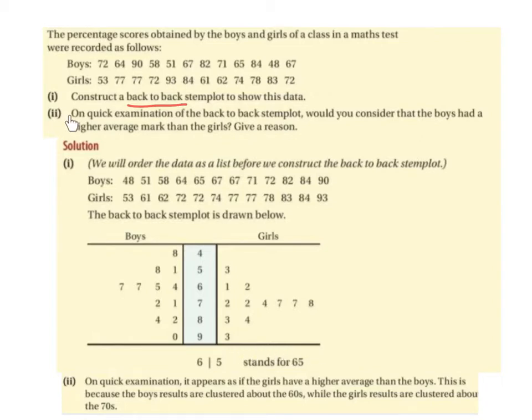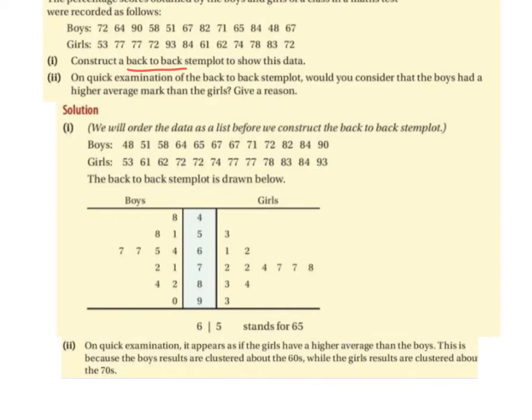Part 2. On quick examination of the back-to-back stem plot, would you consider that the boys had a higher average mark than the girls, and give a reason? On quick examination, it appears as if the girls have a higher average than the boys. This is because the boys' results are clustered around about the 60s.